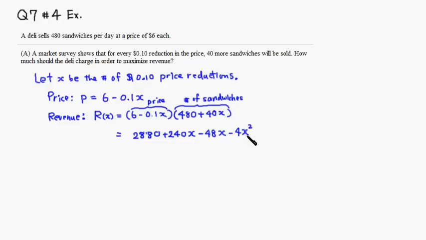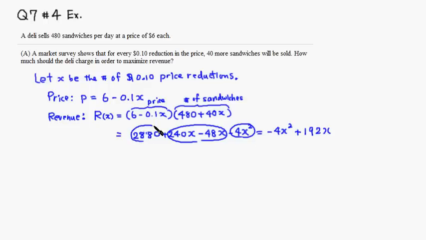This can be cleaned up as, I'm going to have negative 4x squared first. Then combine these two terms together: 240 minus 48 is 192, so it's going to be plus 192x.